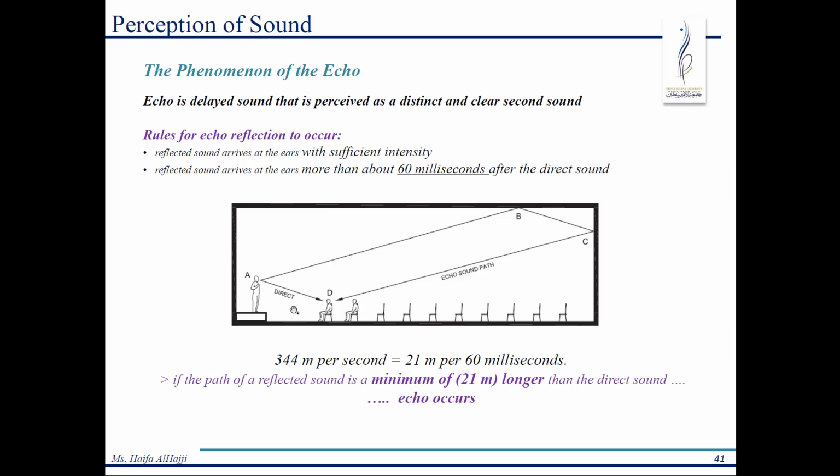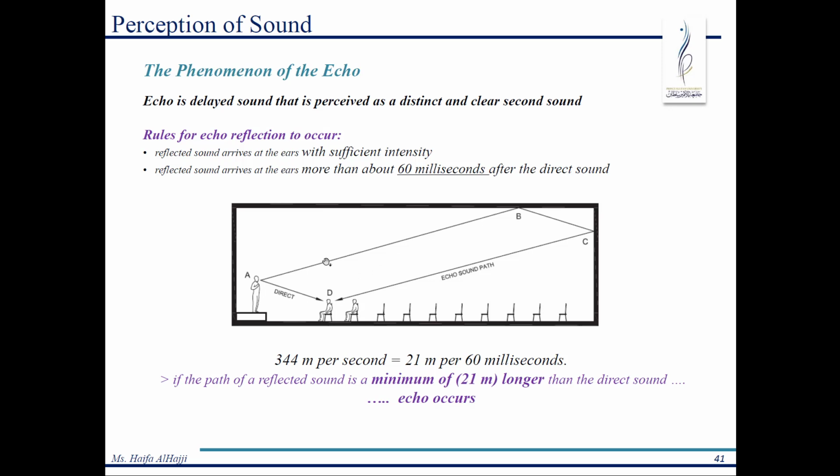For example, in this example here, we have direct sound and we have this sound, the echo, being reflected back to us. Now, when this person speaks, I'm not going to hear him instantly. The sound will travel, then reach my ear. While the direct sound is traveling, this reflected sound has reached somewhere here.